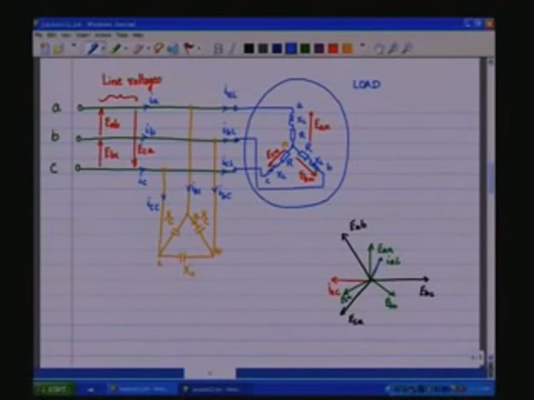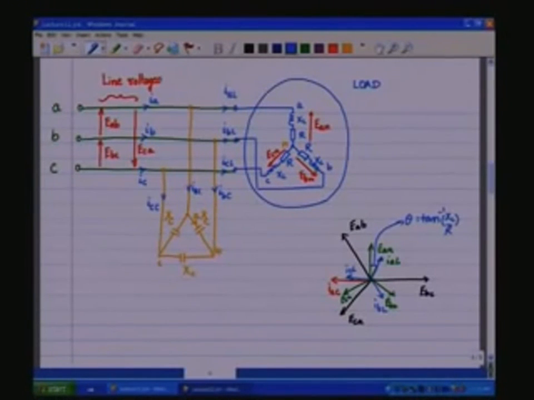You have IAL, ICL, and IBL as shown. This is lagging by an angle theta, which is given by tan inverse of XL by R. So, depending upon the load, the theta angle here is going to be different.